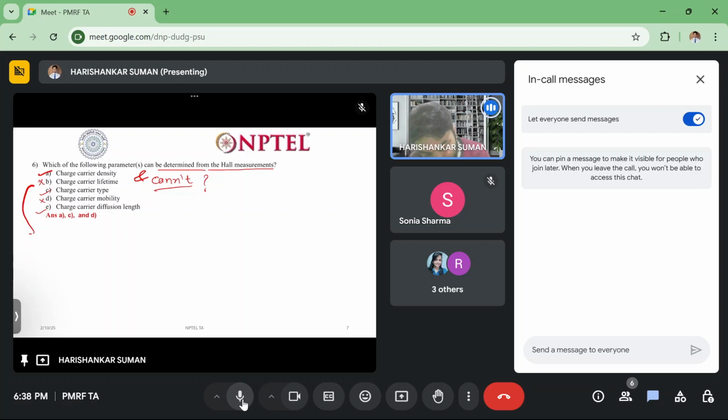Charge carrier lifetime we can measure from the TRPL, time resolved photoluminescence. Okay, and mobility, how can we find the mobility?